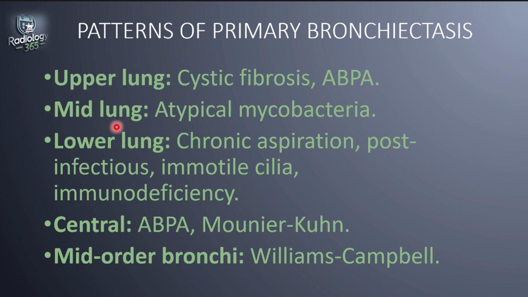Mid-lung bronchiectasis is usually due to atypical mycobacteria. Lower lung bronchiectasis would usually be due to chronic aspiration, post-infectious causes, immotile cilia, where the cilia are unable to beat mucus out effectively, and immunodeficiency. With the central causes, a major one is Mounier-Kuhn disease, which is tracheobronchomegaly.